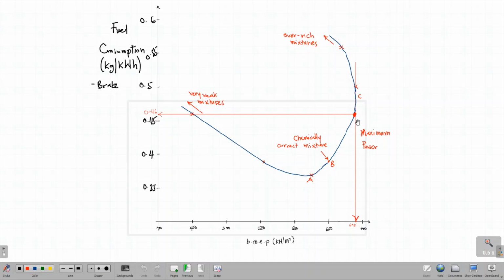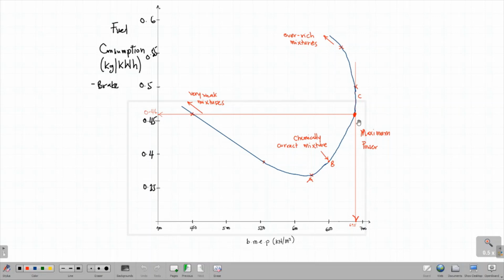The maximum brake mean effective pressure corresponding to C is about 695 kilonewton per meter squared, and the corresponding fuel consumption is about 0.46 kilogram per kilowatt hour on brake basis.